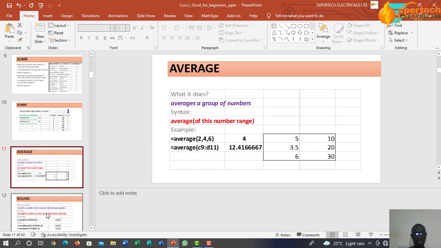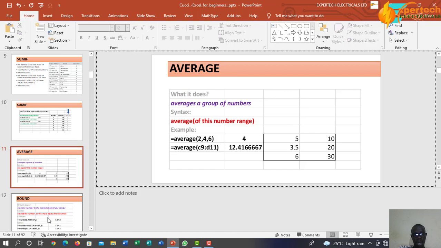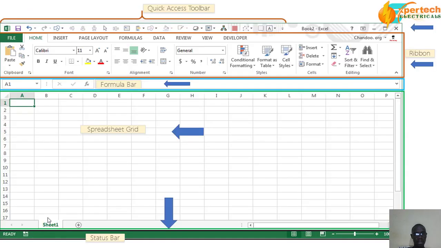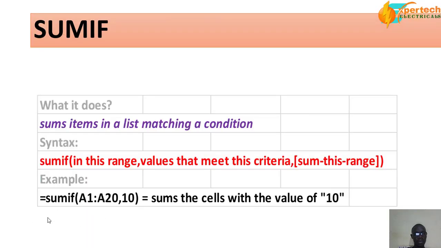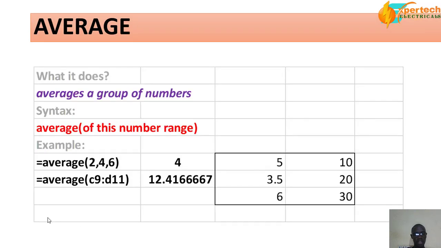Apart from that, we have averaging. What does averaging do, guys? Averaging averages a group of numbers that are in a range.